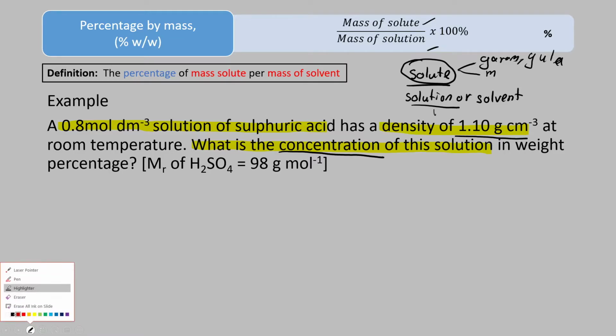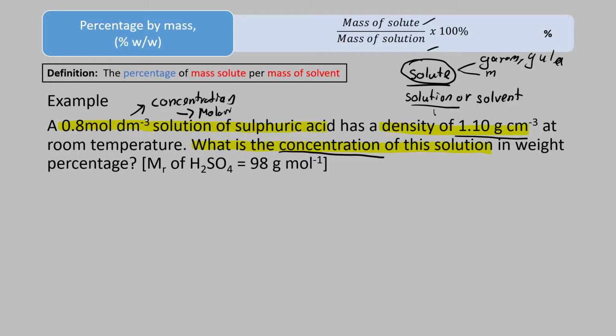Alright, so get your pen. What is 0.8 mole per dm3 of solution? This is the concentration, which is also your molarity. And there is also density. Does anyone know the formula for density?